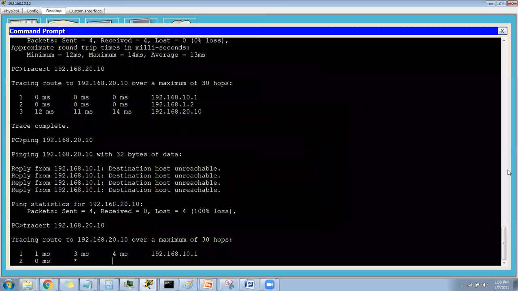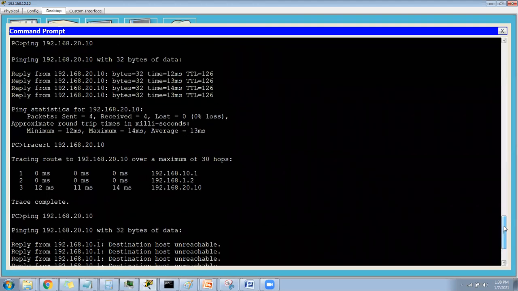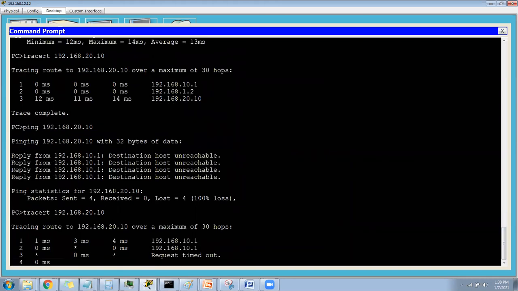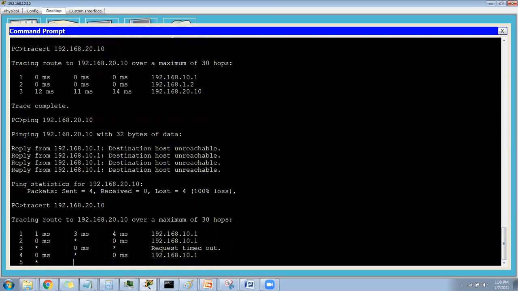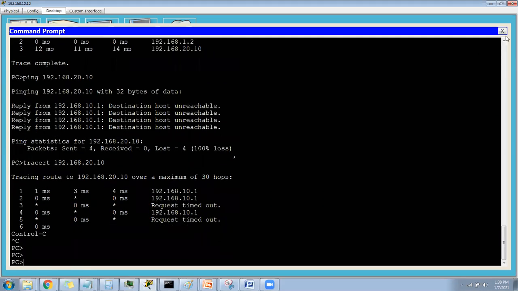Remember in the previous scenario, we were able to ping 20.0, 20.10. How were we reaching? First gateway, then next hop, then here. But now we removed the routes. So now destination host unreachable. The router is dropping the packet, and when we do trace, our packet goes only till the gateway. This is the networking understanding.